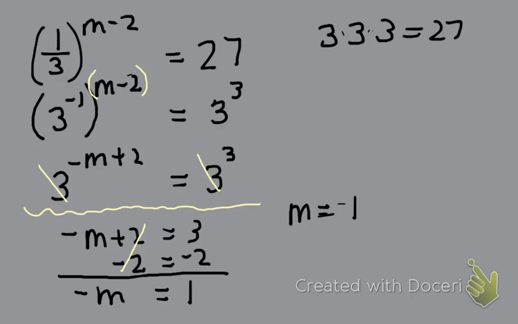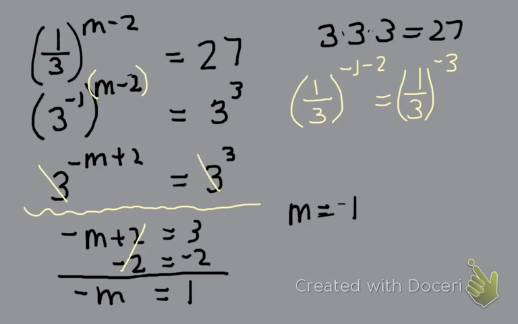And again, if I put that into the equation and check it out, let's do a check. 1/3 raised to the negative 1 minus 2 power. Let's see what that's equal to. That is equal to 1/3 raised to the negative 3 power. And again, I'm going to put that inside parentheses.